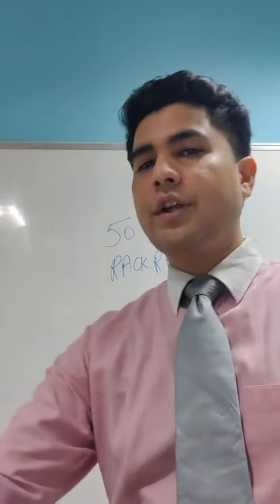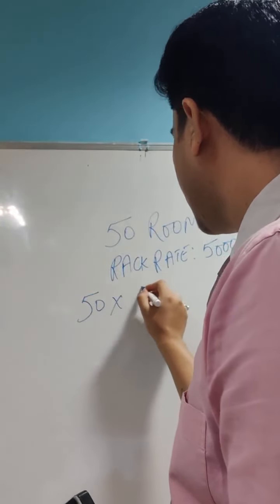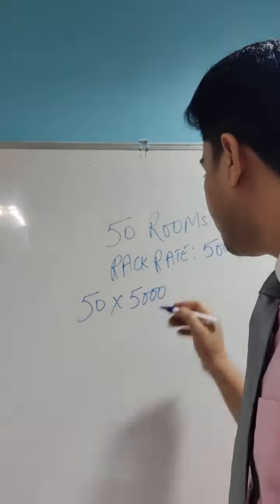So our maximum potential revenue is 50 multiplied by 5,000. This is the maximum potential revenue per day.